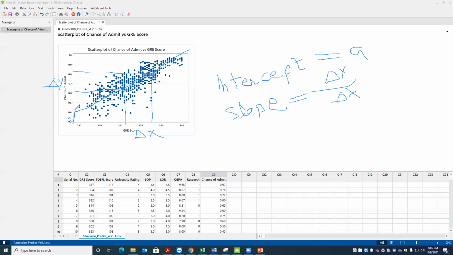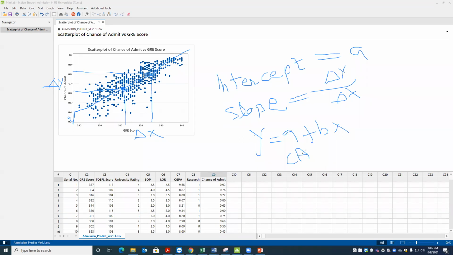Now, what is the equation of this line? Y equal to A plus BX. In other words, I would say Y equal to chance of admission.